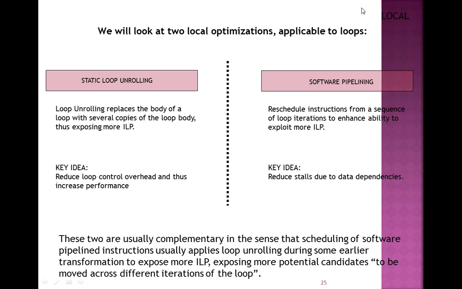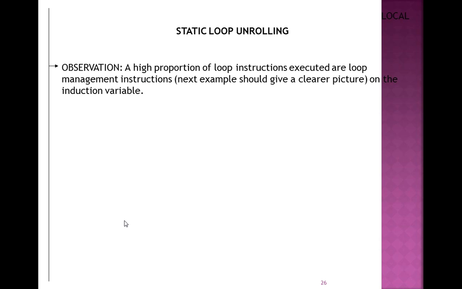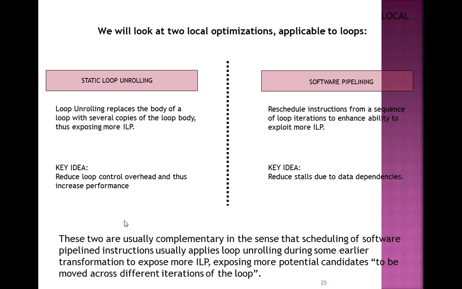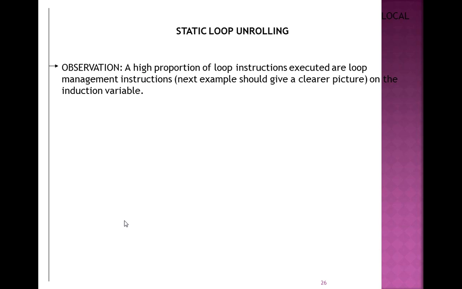These two are usually complementary, in the sense that scheduling of software pipelined instructions usually applies loop unrolling during some earlier transformation to expose more ILP, exposing more potential candidates to be moved across different iterations of the loop. Now, what is static loop unrolling? Observation: a high proportion of loop instructions executed are loop management instructions.